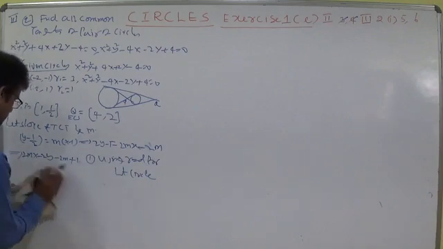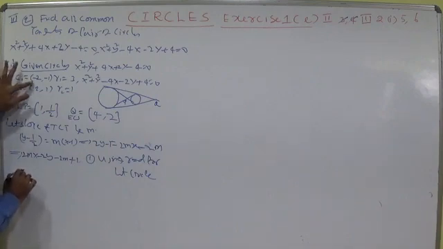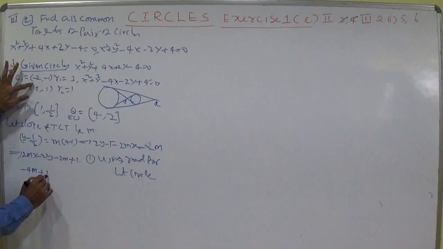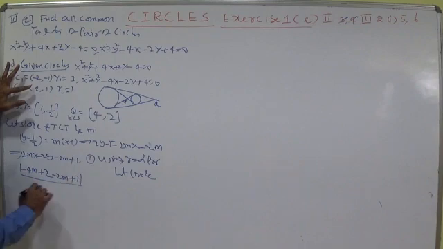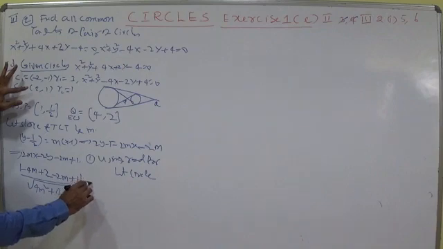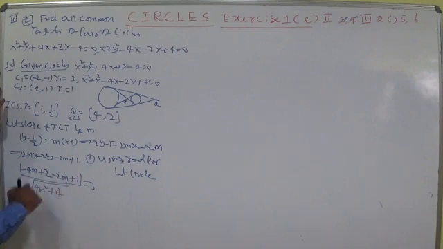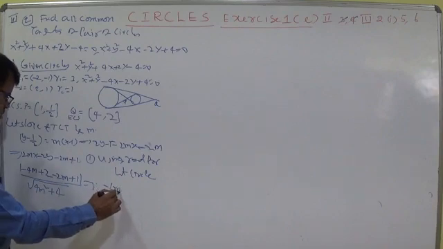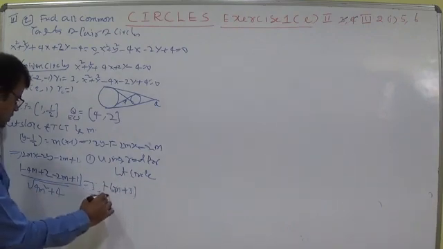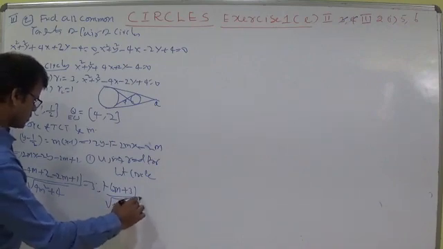Just a little change is there. Using C1, this becomes minus 4m plus 2 minus 2m plus 1, over modulus of root of 4m square plus 4, is equal to 3. That implies 4 minus 4m minus 6m becomes minus 6m plus 3, over root of 4m square plus 4, is equal to 3.